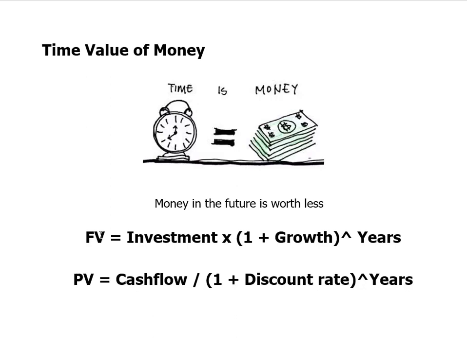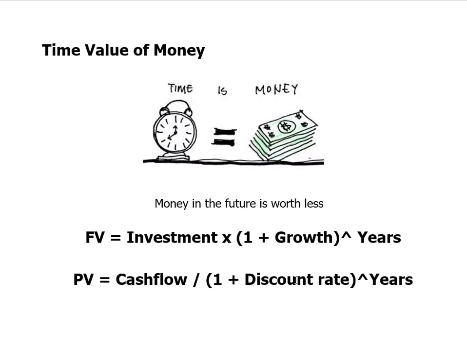So future value is looking forward, and present value is taking some cash flow that you might receive in the future, or it might even be a series of cash flows. And instead of multiplying like we did with future value, we divide. And this time we're going to divide by something called a discount rate, 1 plus a discount rate.